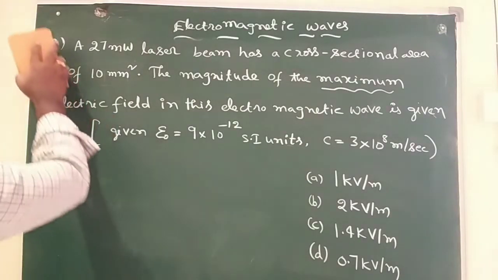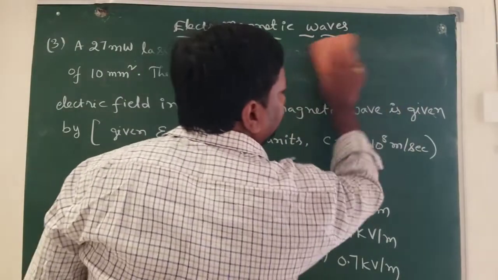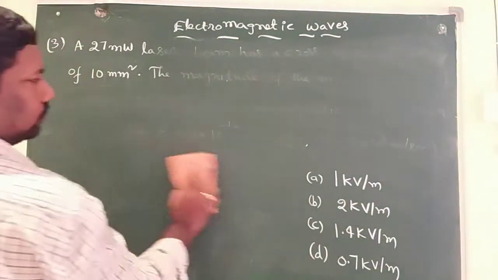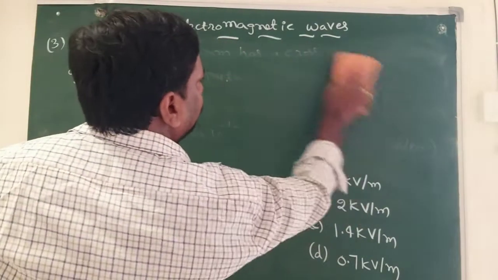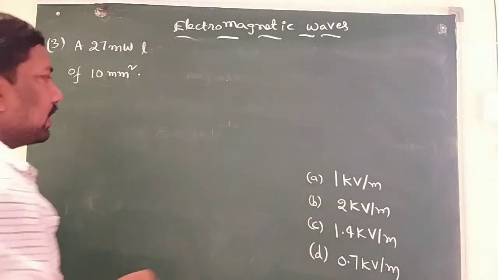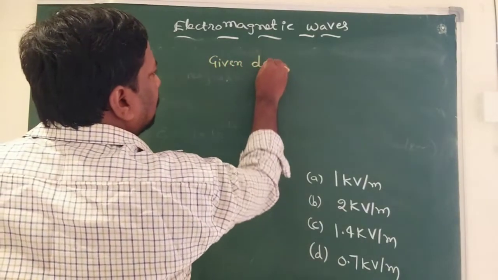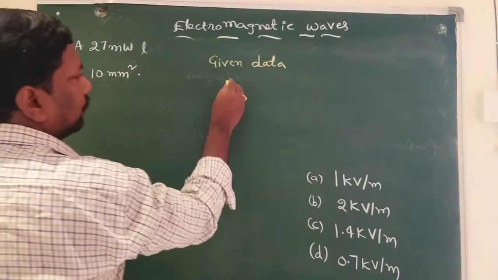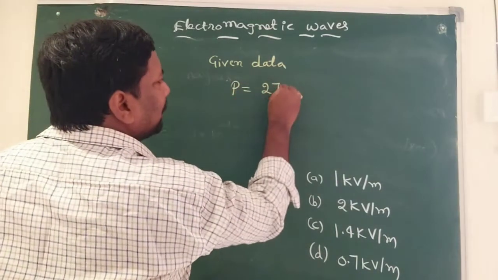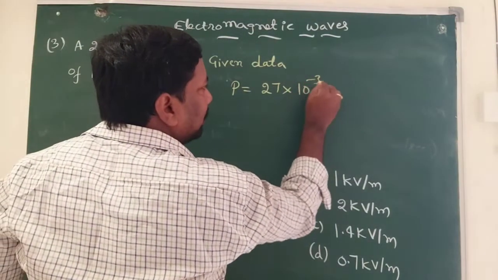So in this problem the given data is, first of all, power P equal to 27 milli watts. Here milli means 10 power minus 3.